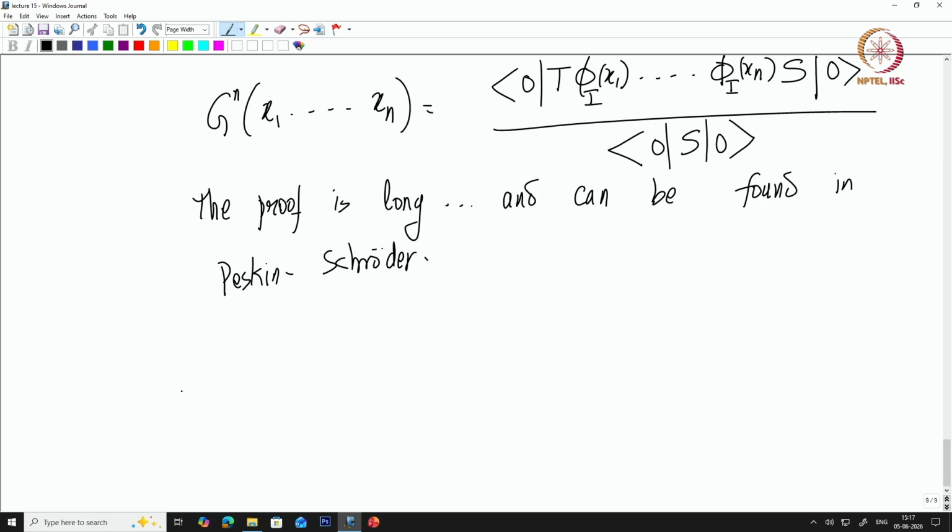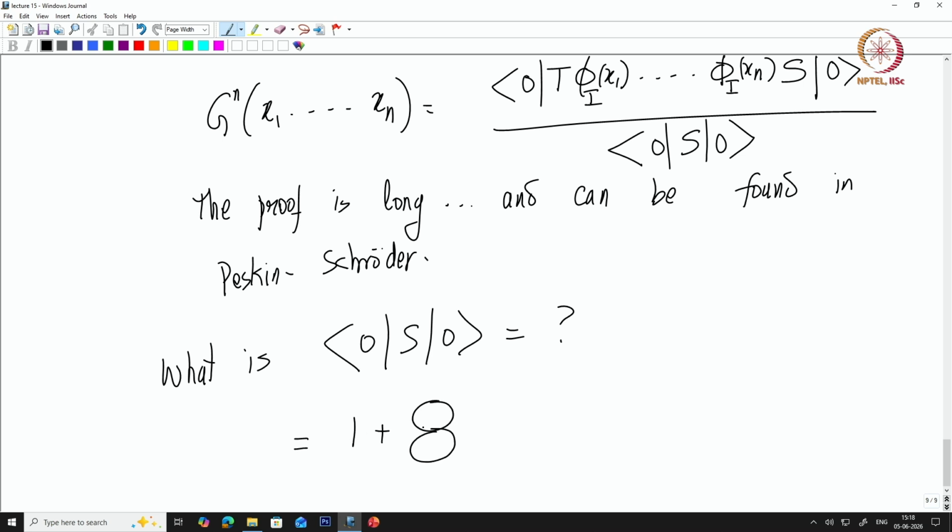In phi 4 theory, for example, we can use the diagrammatic approach because we are not showing the proof in great detail. It can be shown that this is nothing but vacuum bubbles at all orders.